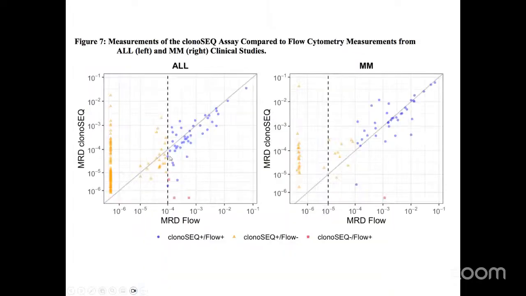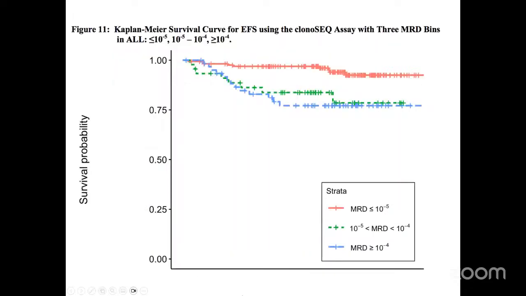This shows that the data of MRD by clonoSEQ versus MRD by flow is quite consistent in identifying these minimal residual disease clones. And finding these clones is important, as patients who have less than 10 to the minus 5 cells present do much better than the patients who have greater than 10 to the minus 5.